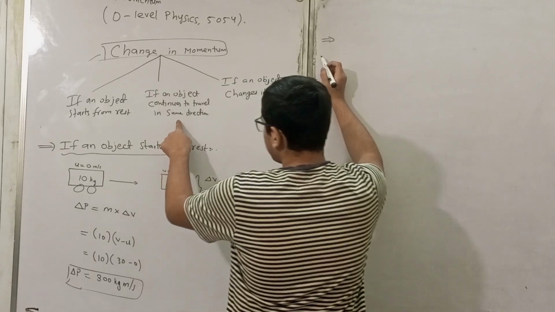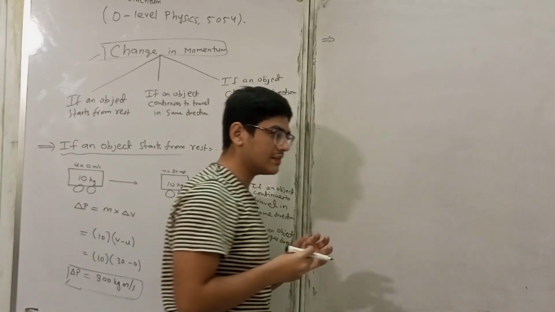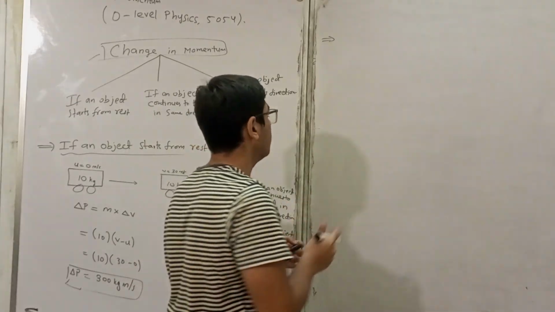Scenario number 2 states if an object continues to travel in the same direction, means it does not start from rest, it has some initial velocity as well.